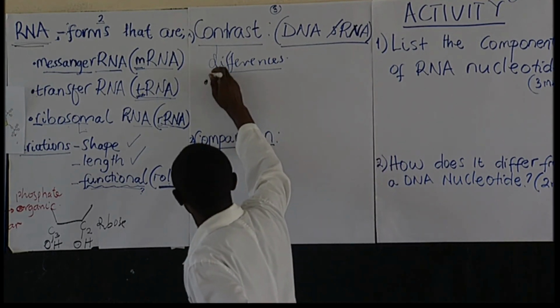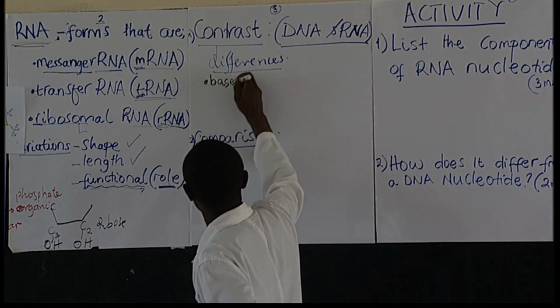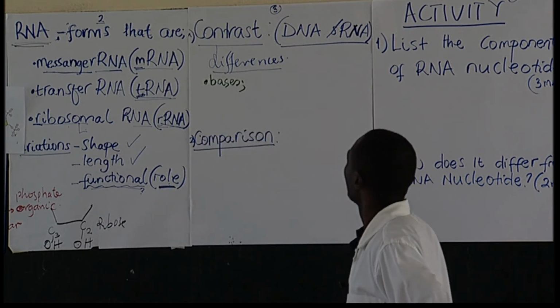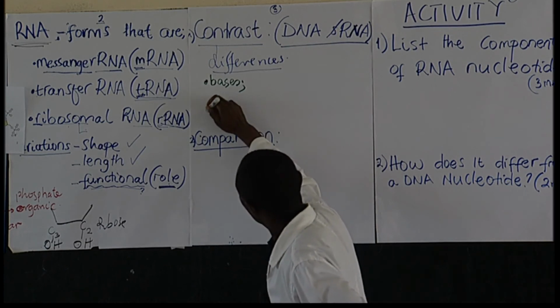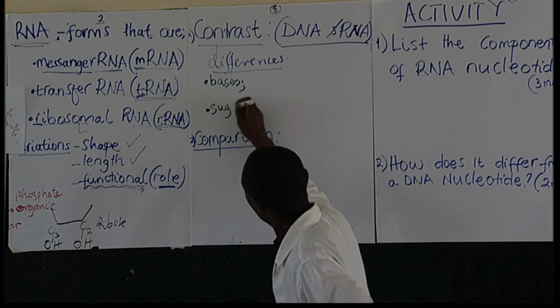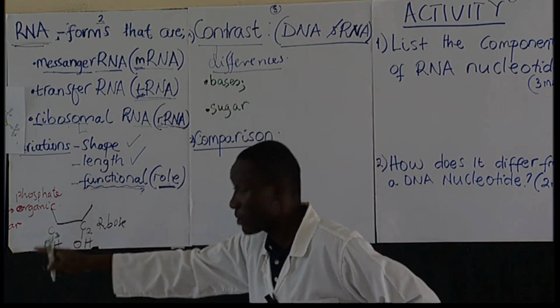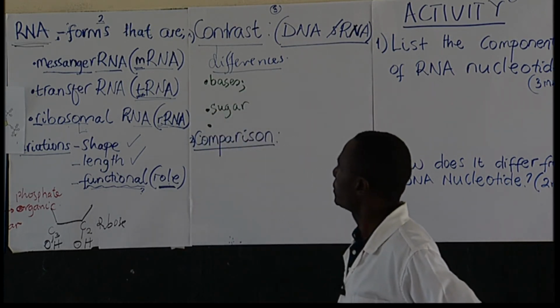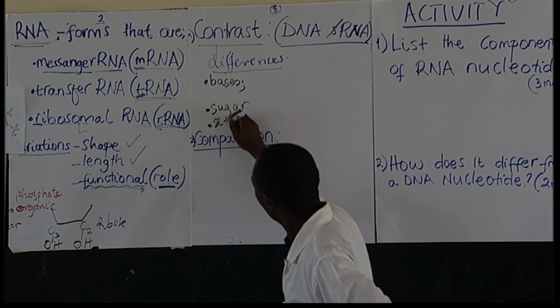So if I say I'm going to consider the base, and 2, I look at the sugar present, like we just talked about. And 3, I also look at the size.